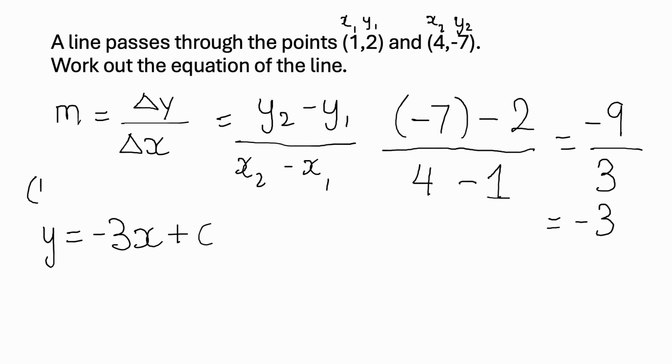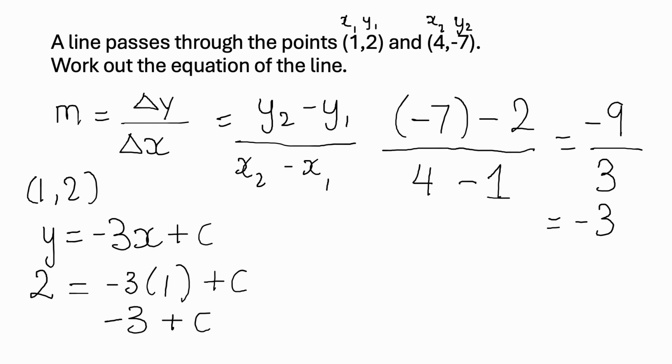Let's use (1, 2). So our x coordinate is 1 and our y coordinate is 2. We just sub that in. So 2 is equal to negative 3 times 1 plus c. Negative 3 times 1 is negative 3, so negative 3 plus c is equal to 2.